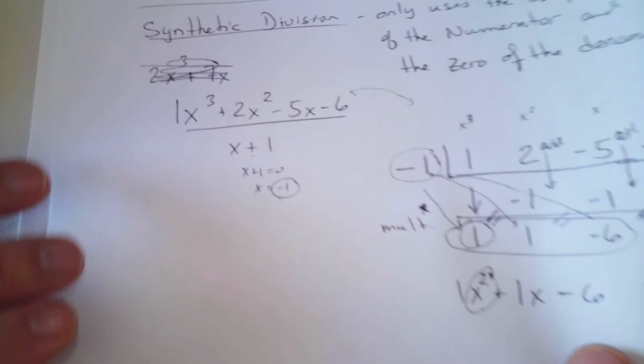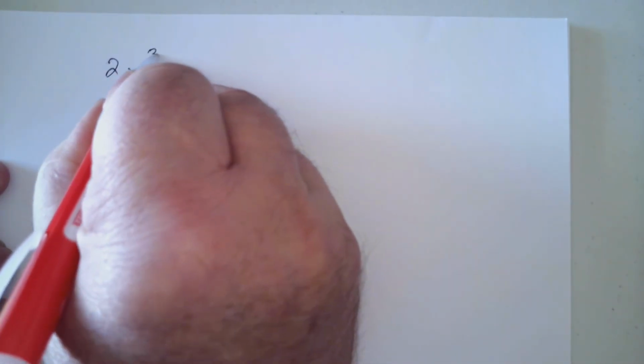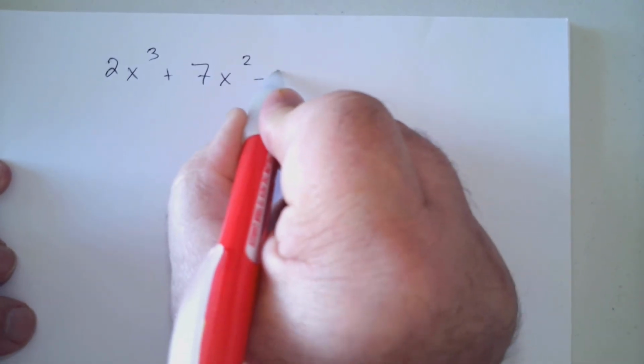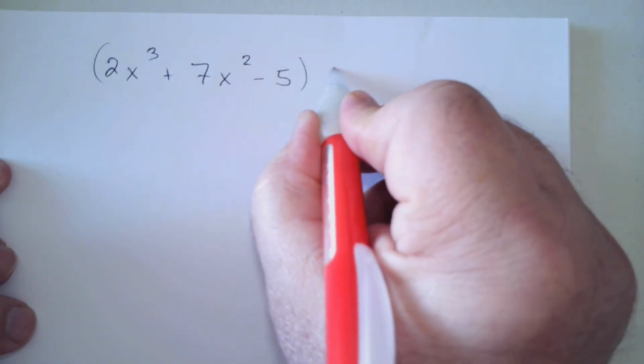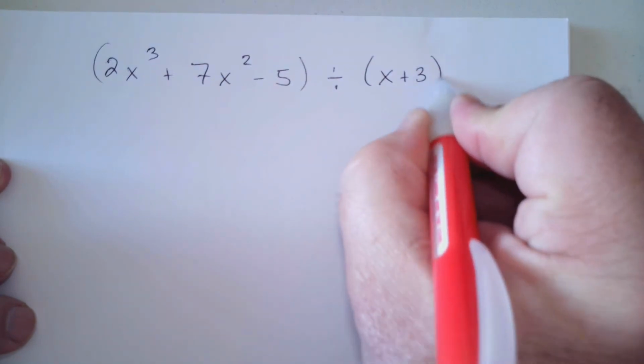All right, let's do another synthetic division. That's what I was going to put earlier. This polynomial is divided by that binomial.